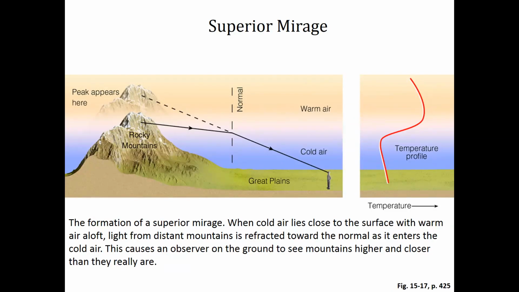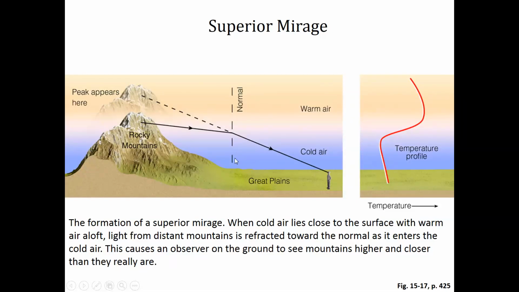So just to recap this idea, you have light that's coming off of a mountain or some other higher up object, maybe an airplane or other distant things that are really high up, and that light, as it's approaching the ground, enters the new medium.